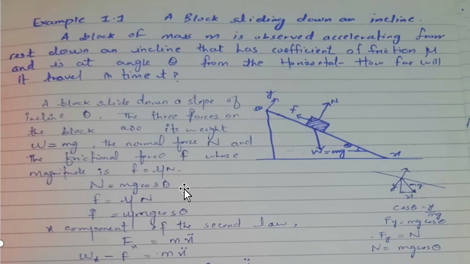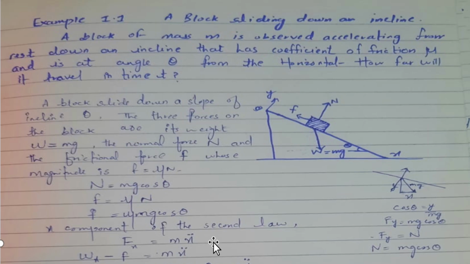Now the frictional force equals the coefficient of friction times the normal force. Now you can put in the value of the normal force. This is the equation for the friction force. When we talk about the x component of the second law, you can write the force equals mass times acceleration.